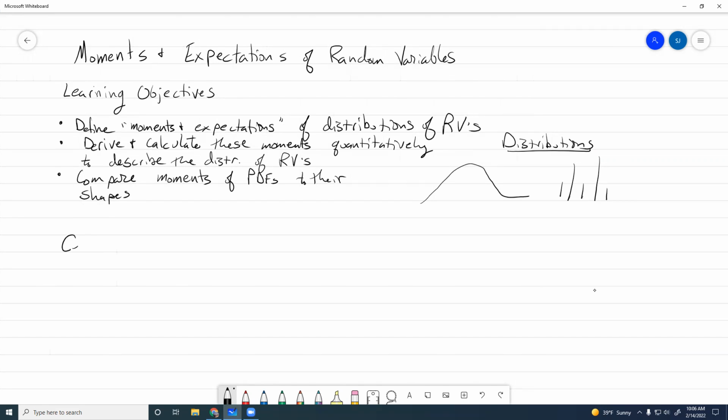So the first thing we're going to talk about is our central values of random variables. And this is basically just a way to summarize a random variable. We'll just go to the distribution of the sum of two dice rolls.